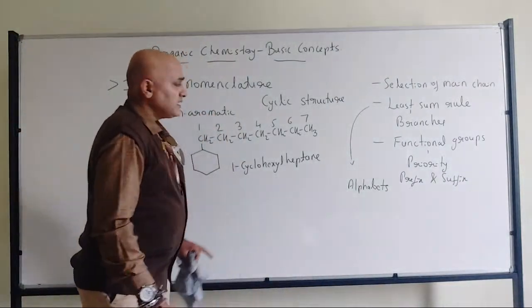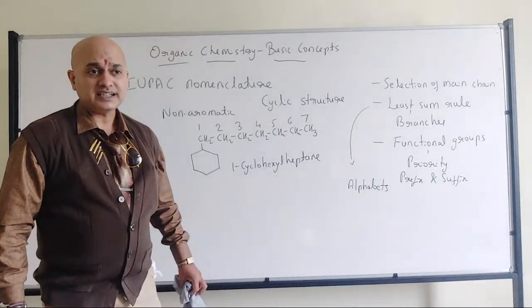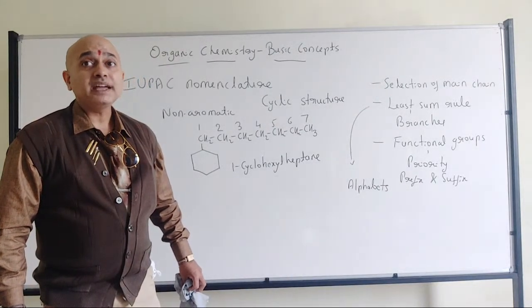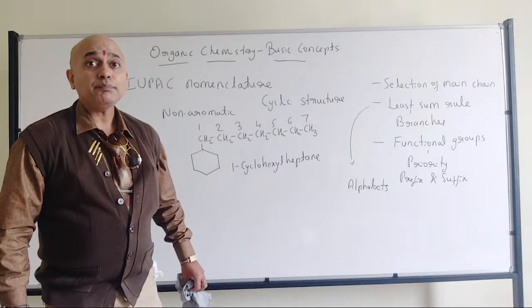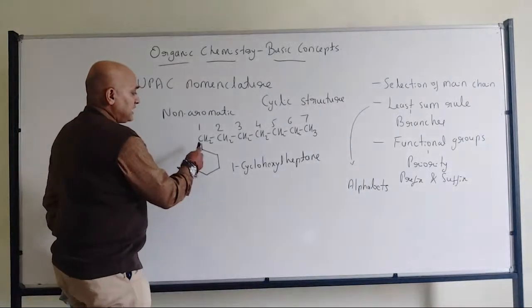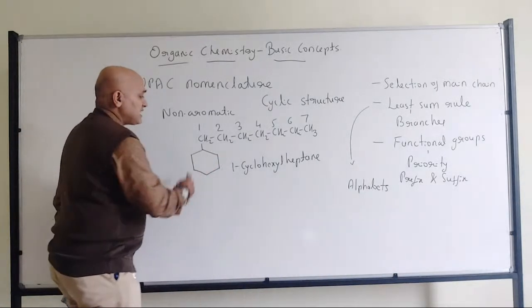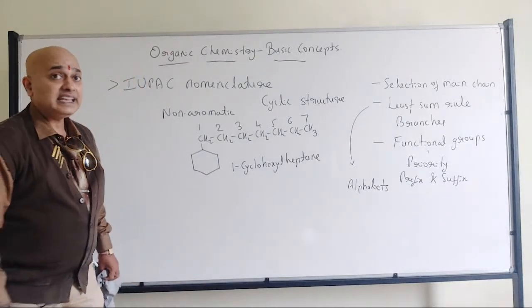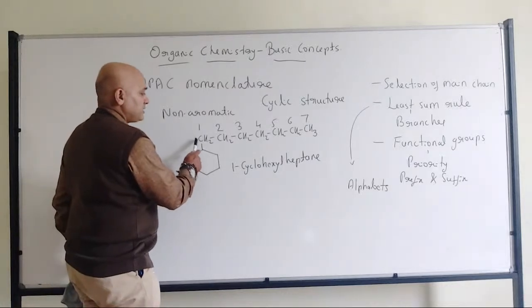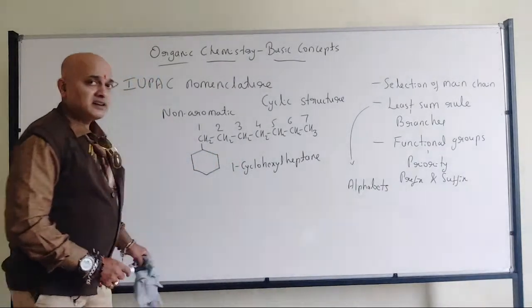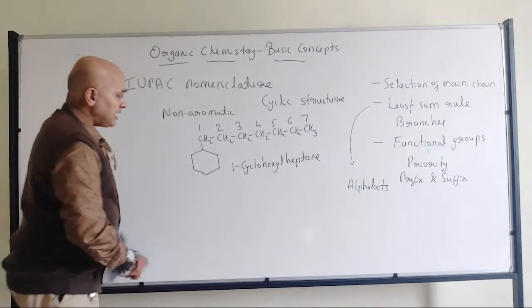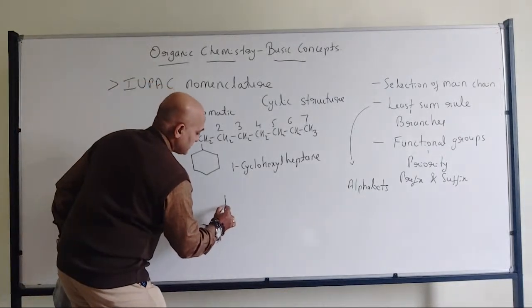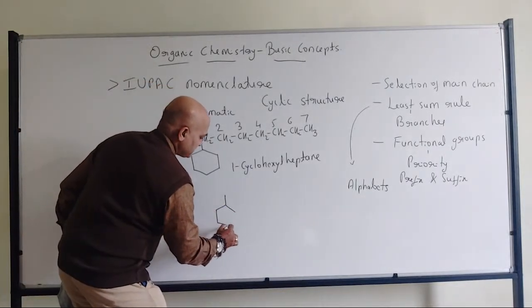But here we have selected the longest carbon chain, 7 carbons, as the parent molecule, that is heptane, and at the first carbon there is a cyclohexane. The substituent should get the least number, so numbering should be done from here.